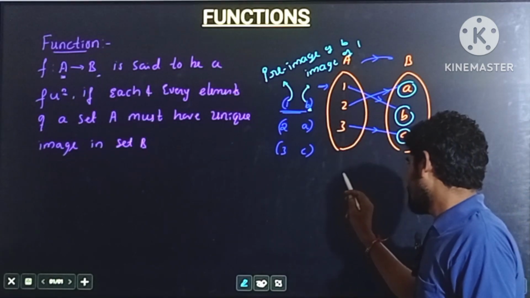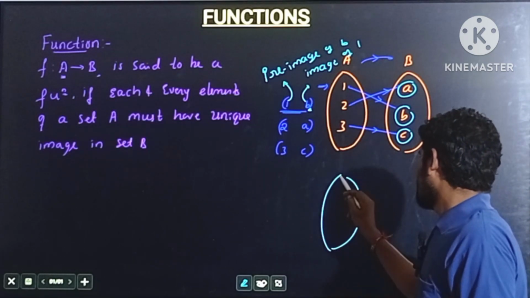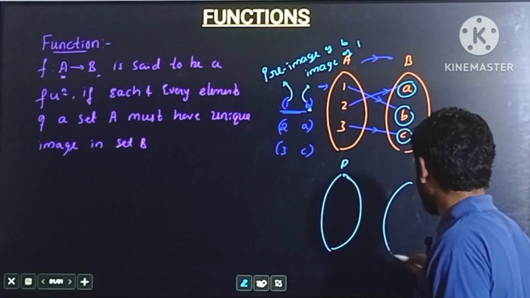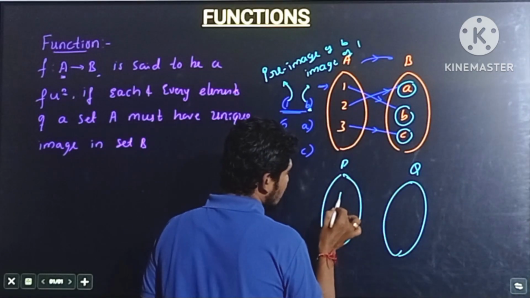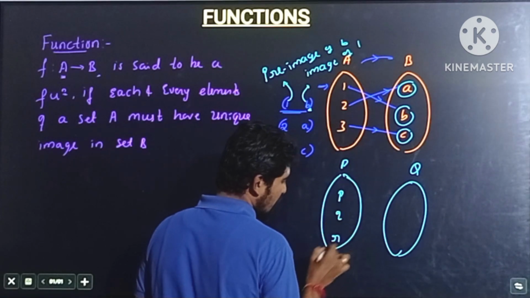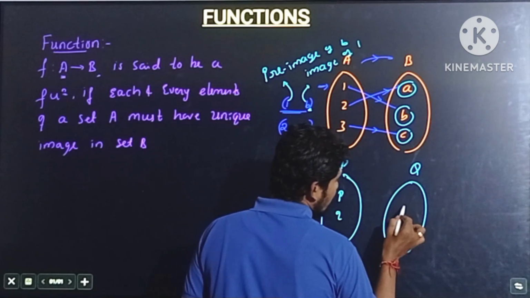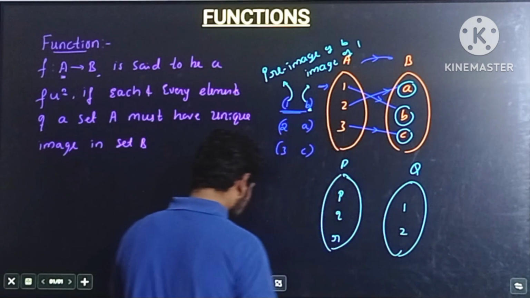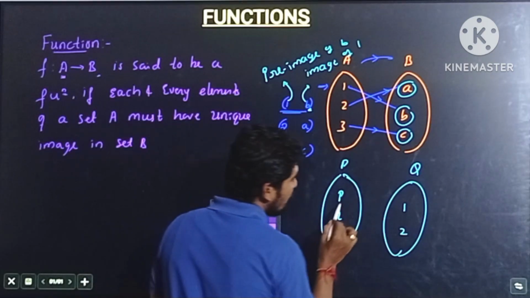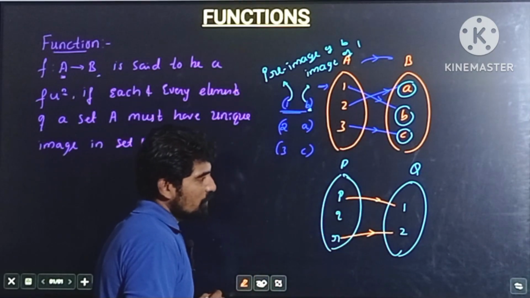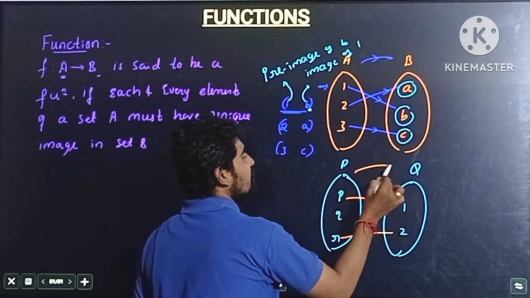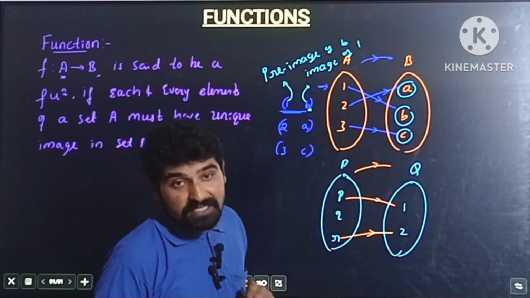Consider one more example. Suppose this is a set P and this one is a set Q. P consists of the elements p, q, r and Q consists of the elements 1 and 2. Suppose p is related to 1 and r is related to 2. Is this relation defined from P to Q a function?